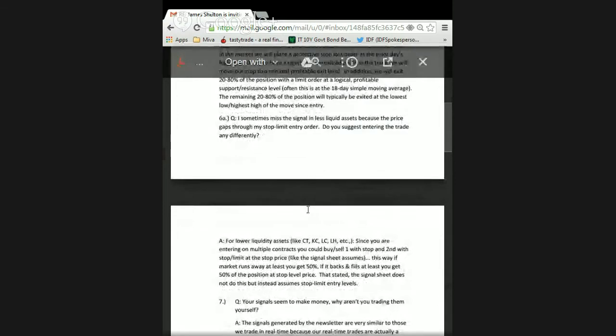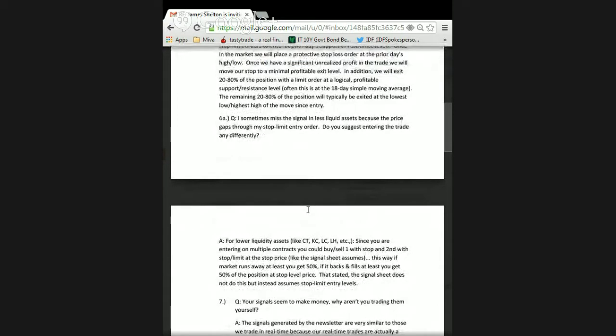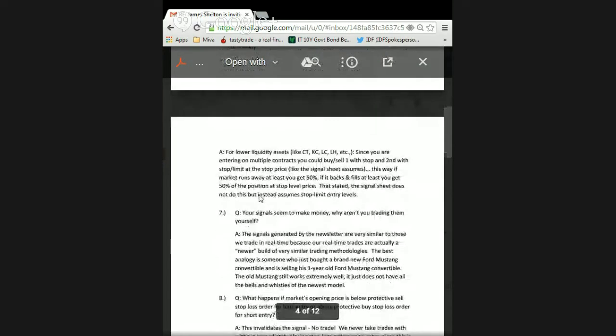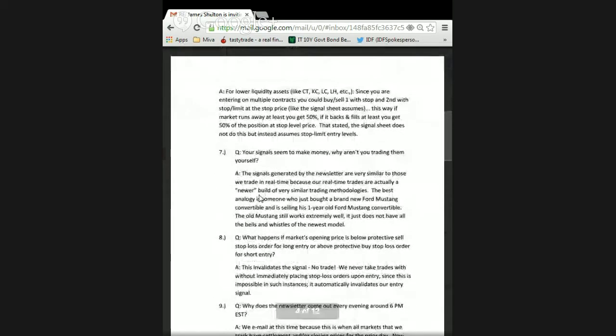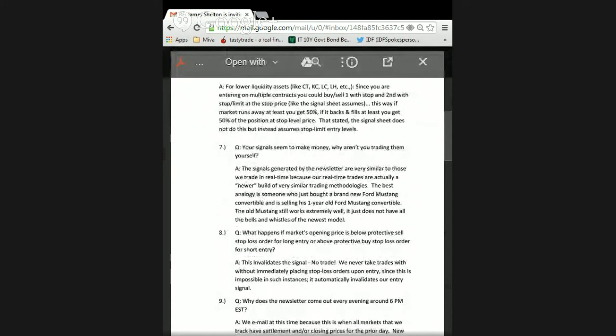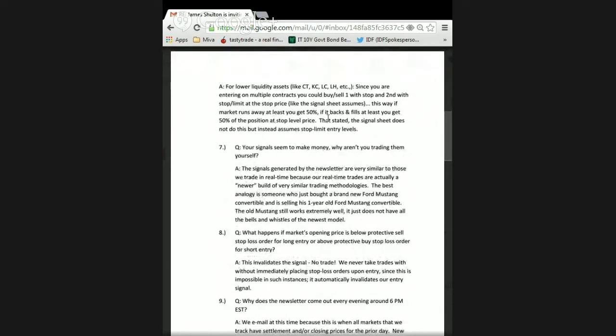Excellent. Sometimes the signal may be missed in less liquid assets because the price gaps through my stop limit entry order. Do you suggest entering the trade any differently? Okay, so the beauty of the signal sheet is that it always assumes that you're trading at least 2 units, 2 contracts if it's futures.